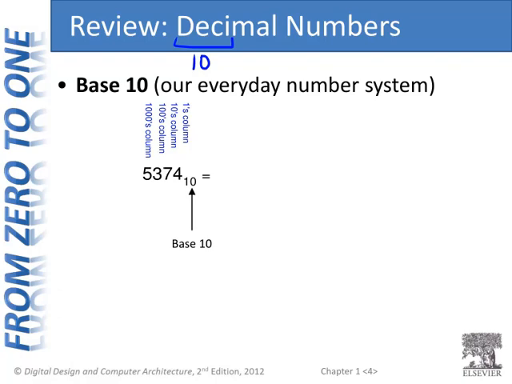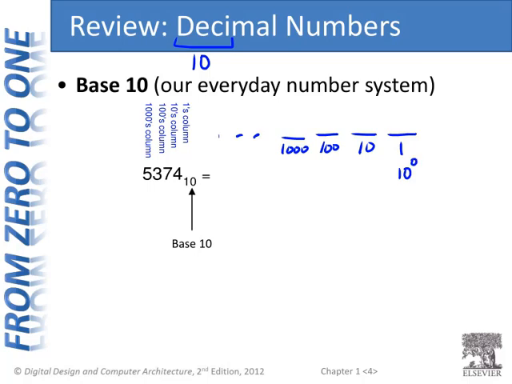So if we look at the digits of this, we'll have our ones place, our tens place, our hundreds place, thousands place, and we could keep going as well. So we think of this as the ones place, the tens place, the hundreds place, the thousands place, etc. And really, this is the 10 to the 0.